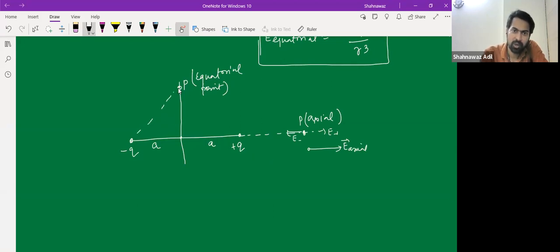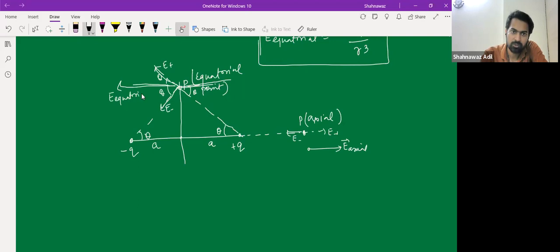And this was theta, and this was theta. So this was E minus and this was E plus, right? But ultimately the field was this, right?